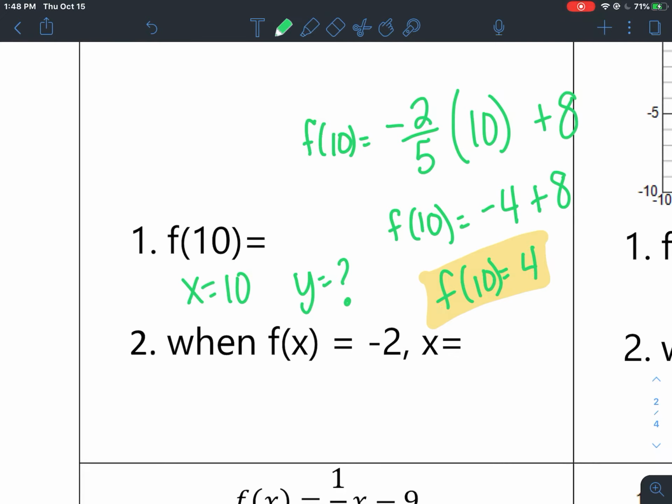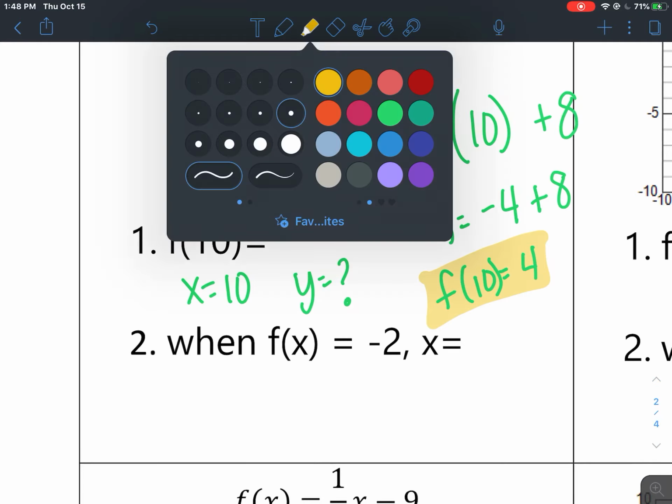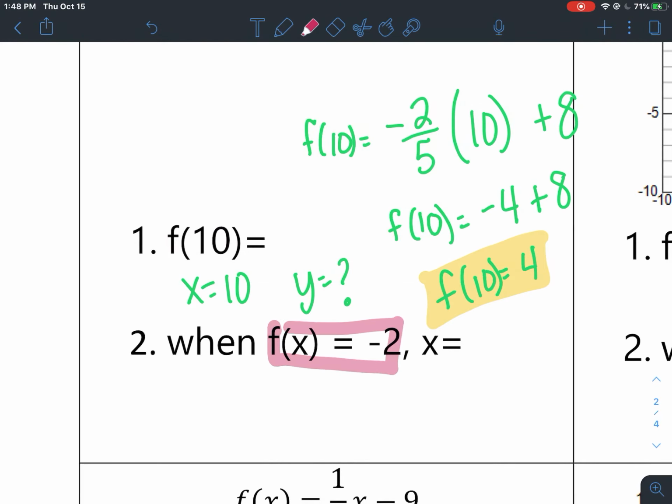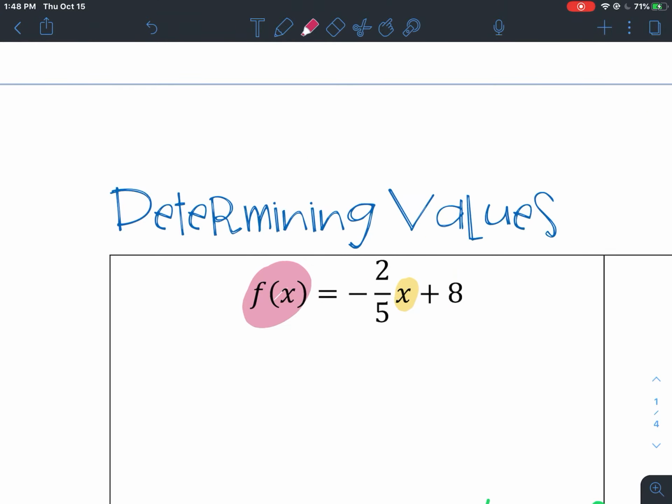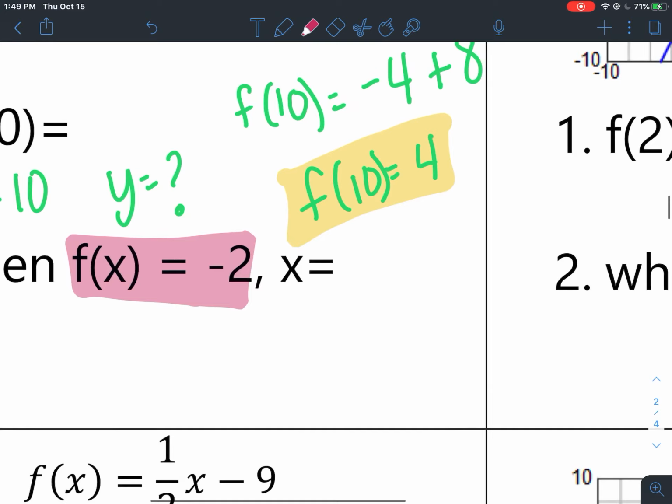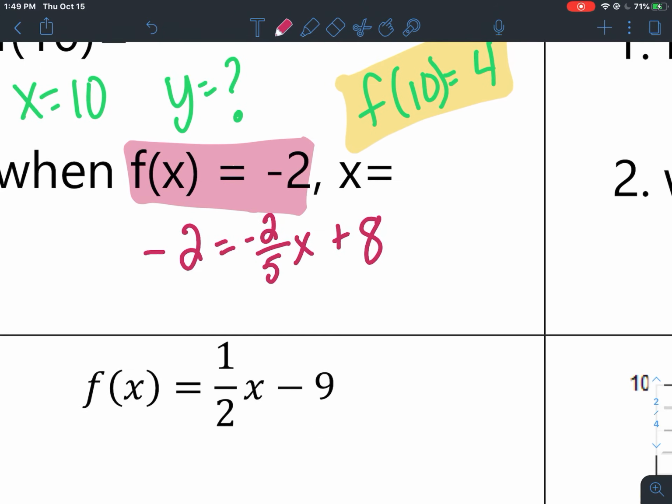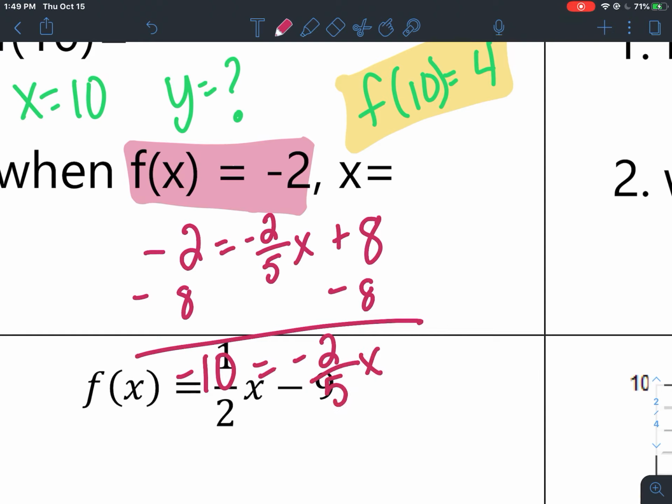All right, so f of x equals -2. I'll plug in -2 for f of x. So we'll get -2 equals -2/5 x plus 8. Let's subtract 8 from both sides, and we get -10 equals -2/5 x.